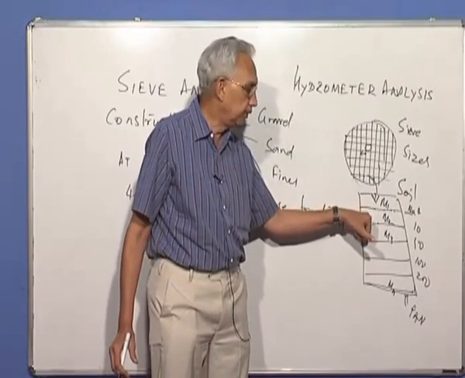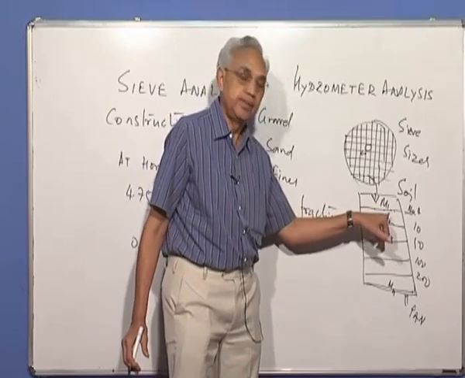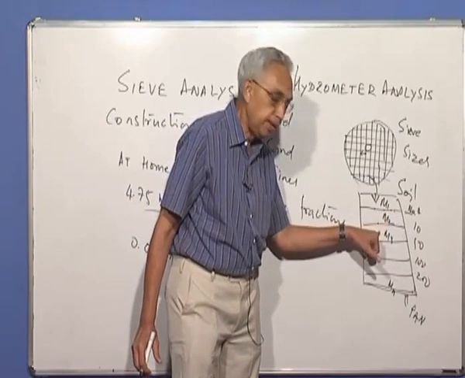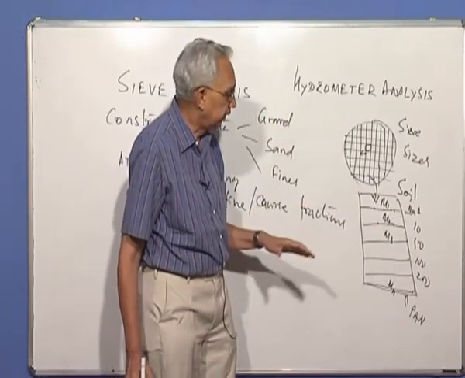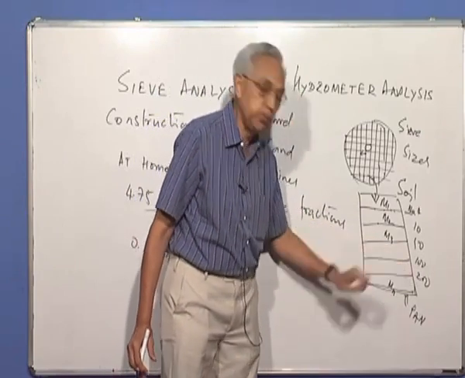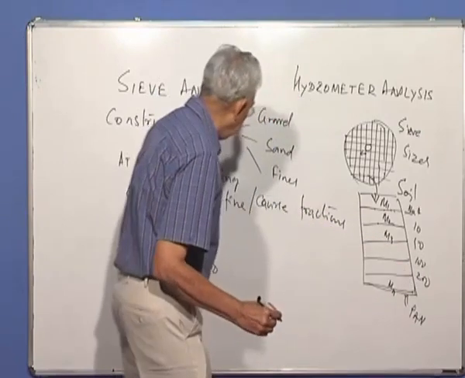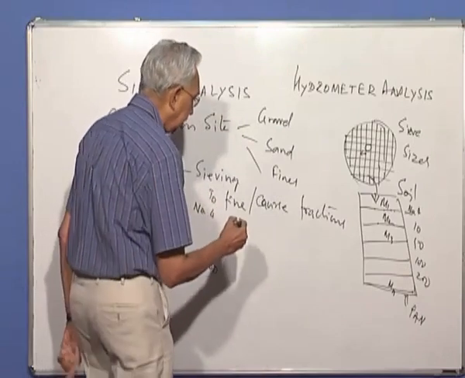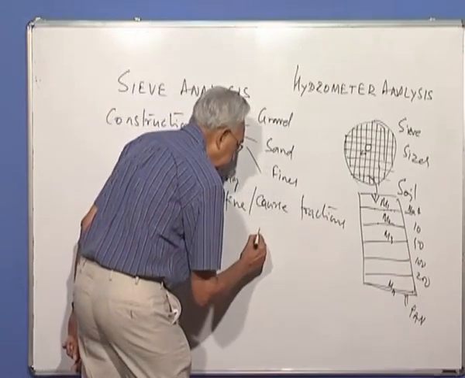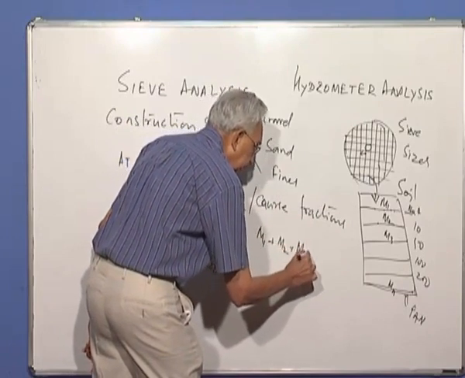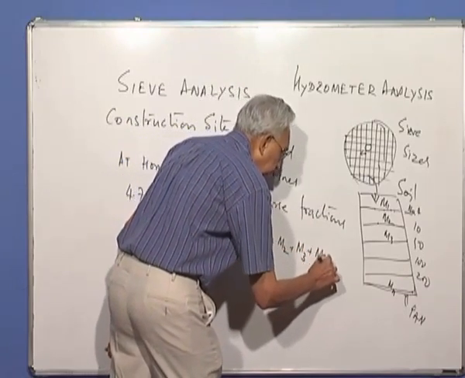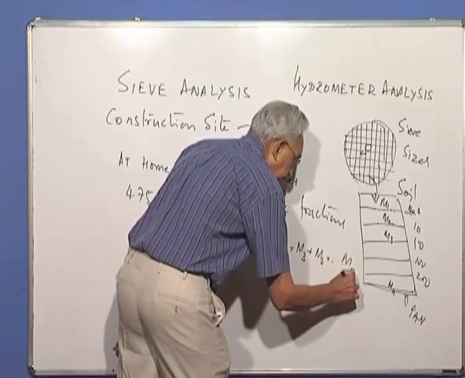M2 is the amount of soil retained on sieve number 10. M3 is the amount of soil retained on the 60 size, 100, 200, etc. So what is the total amount of soil that has been used here? M1 plus M2 plus M3, M4, like that. I can go up to Mn.